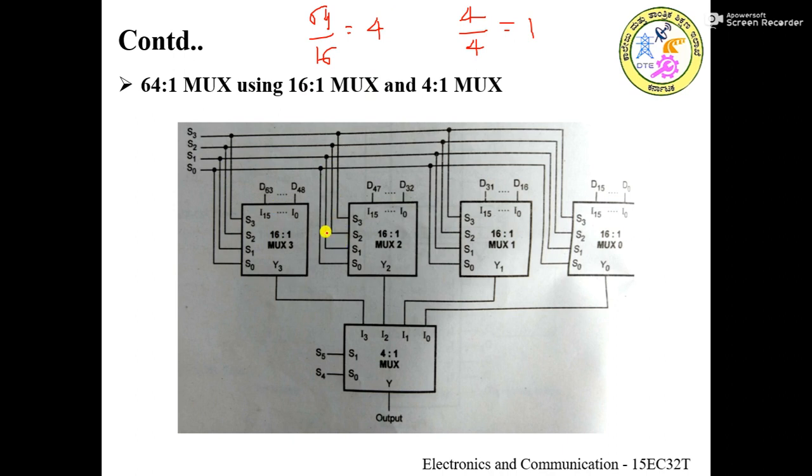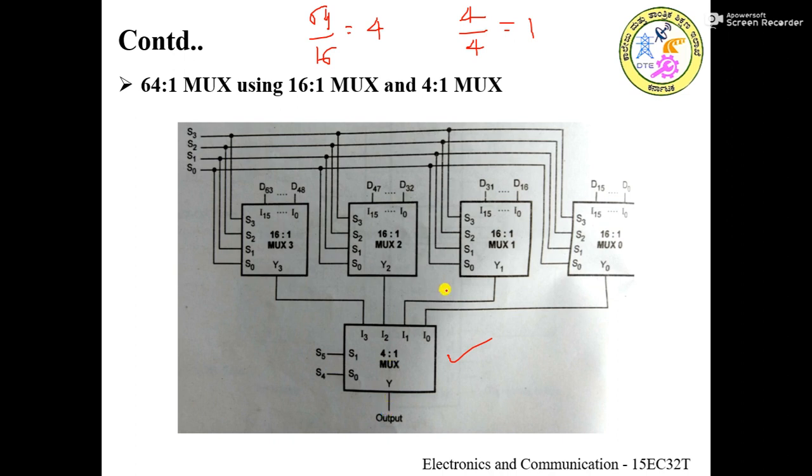So you can see here all of these are sharing common select lines S0, S1, S2 and S3. So output of these 4 are fed as input to one more 4:1 mux IC, which requires again 2 select lines, which are designated as S4 and S5. Finally we got an output Y here.